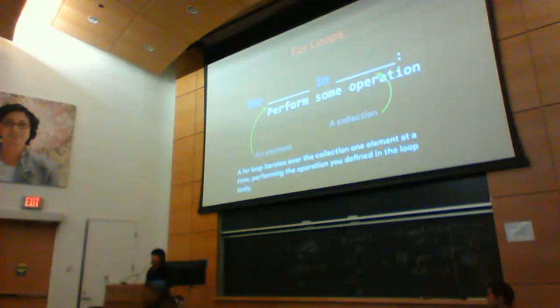Because for an index for loop, even though we're looping by index, that is a collection of the indices of the string, right? So if we do range length of a string that has 4 characters, it'll be 0, 1, 2, 3. So basically the same as for i in 0, 1, 2, 3: i equals 0, i equals 1, i equals 2, i equals 3, and so on. So again, a for loop is always going to be for some element in some collection, do something.